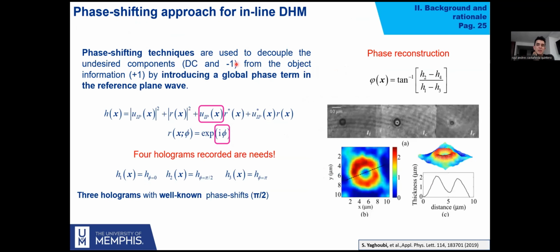Phase shifting techniques are implemented to decouple the undesirable DC and the minus one order. There are different approaches, and the common technique consists of registering three or four holograms. With the holograms recorded with a well-known phase shift between them, it's possible to retrieve the phase information of the sample. Okay, so let's start with the research.